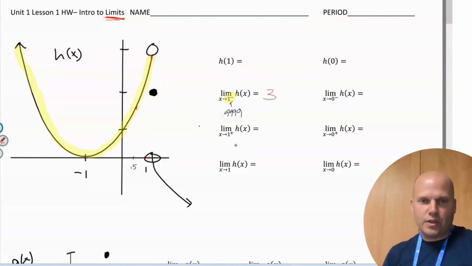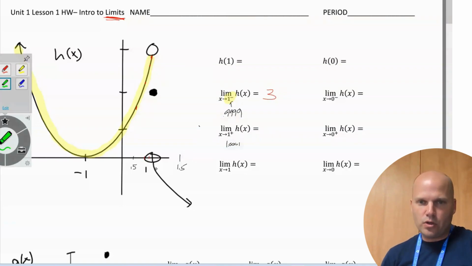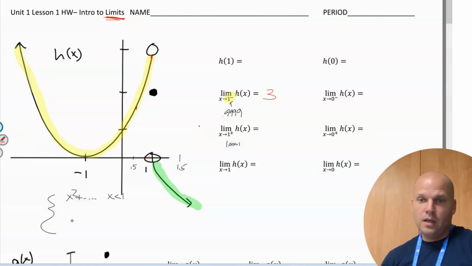However, if I went onto the other side, to the right of one, you're thinking about using 1.001, but it might be easiest to start at 1.5. You realize that at 1.5, you are using this piece. To the right of one, this is the piece that is defined. This is like when I gave you the function notation, I would have said, use some x squared plus something, something, something value for x's less than 1.